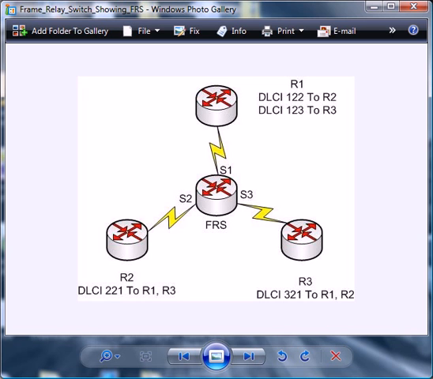And the key here is not just to have the right kind of cable, but we also know that the DCE has got to supply clock rate to the DTE, or that line protocol is going to come down. And if the line protocol is down, obviously we're not going to have much of a frame relay connection going here. So we're going to take a look at the configuration of that frame switch in the next video.